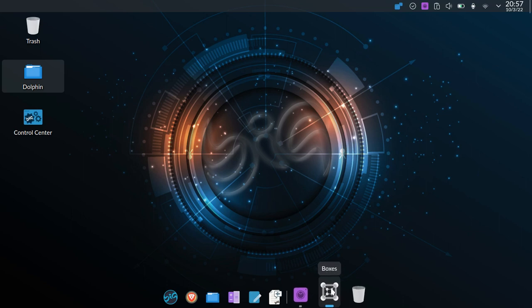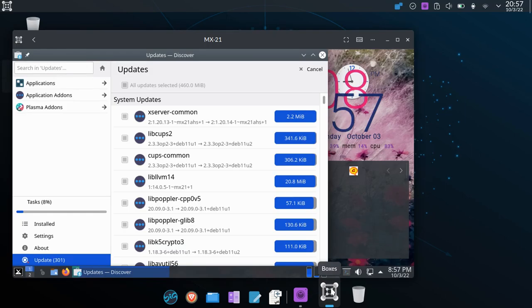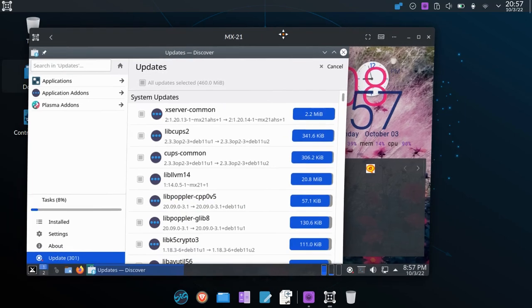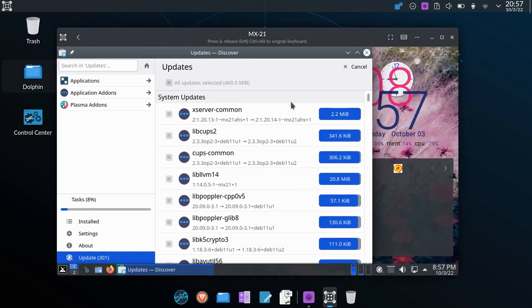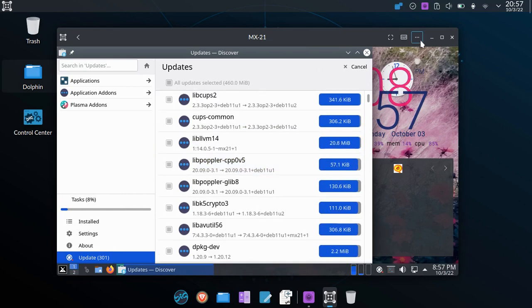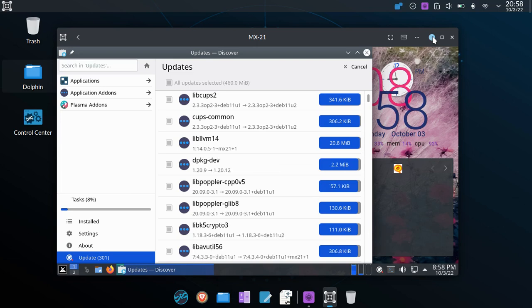And I have the box, just trying to play with it. How does it deal with a large file like this box? And yes, I would also install MX inside my VirtualBox GNOME.